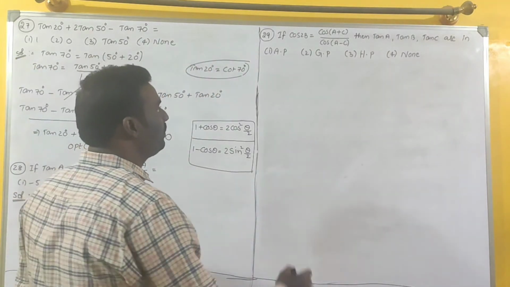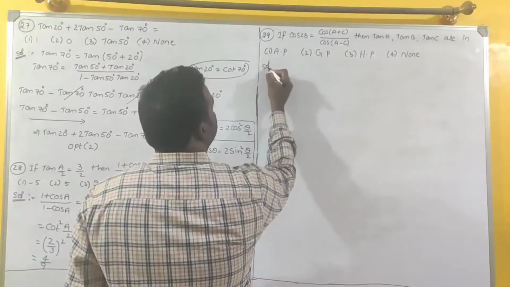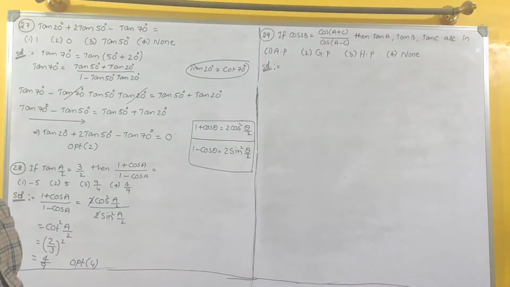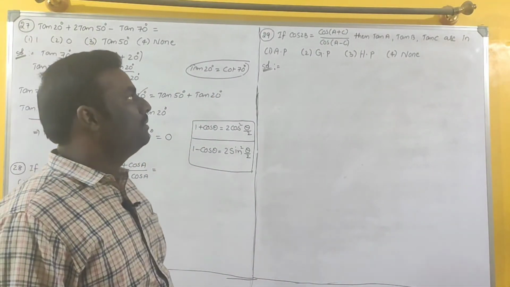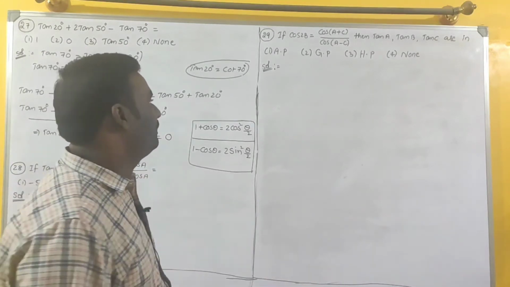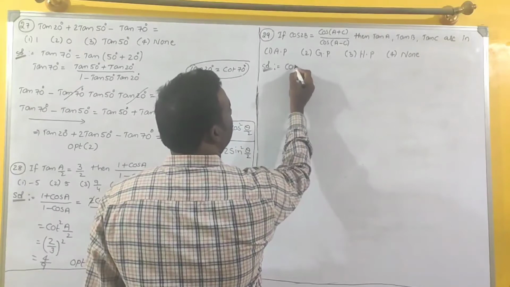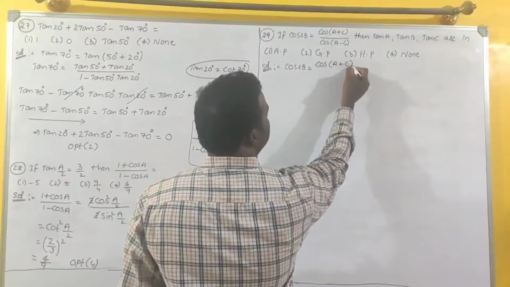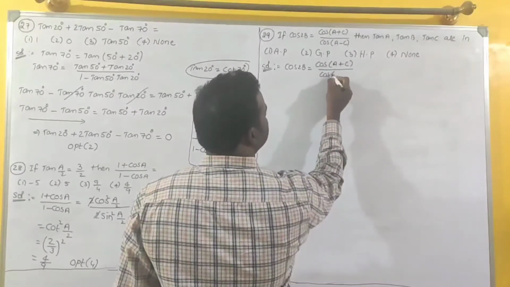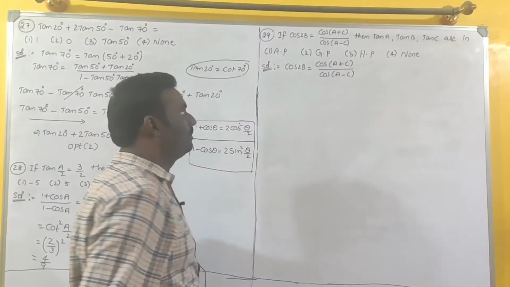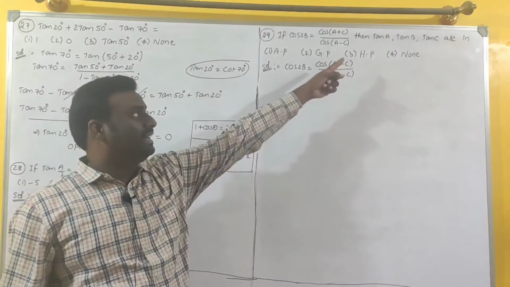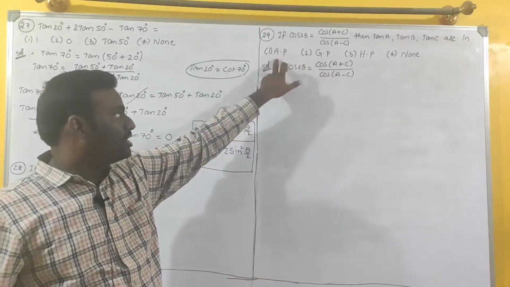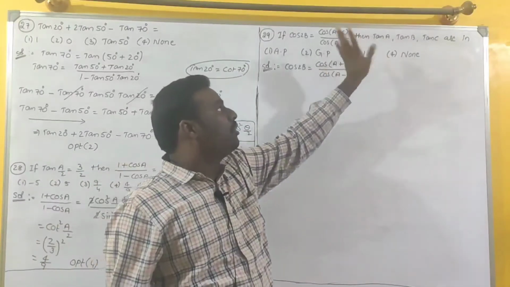Coming to the 29th question. Cos 2B is equal to cos A plus C by cos A minus C. But we need to find tan A, tan B, tan C are in which progression: arithmetic progression, geometric progression, or harmonic progression?